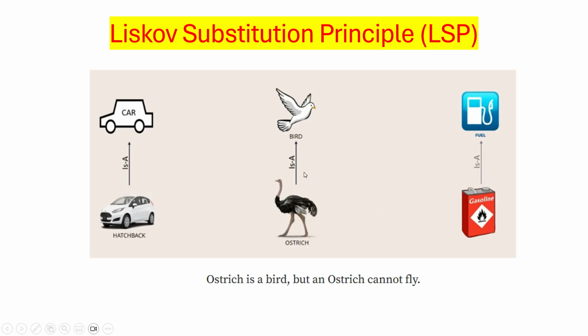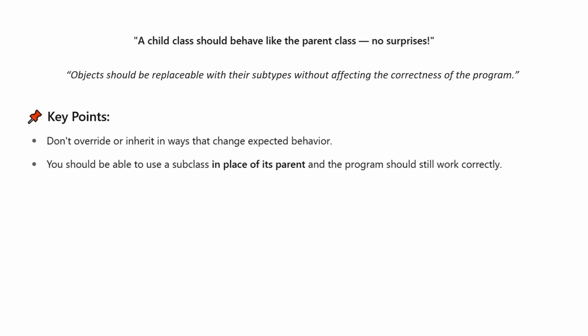Ostrich is a type of bird? No, we cannot make this generalization because ostrich does not fulfill the basic characteristic of a bird. It cannot fly. So, objects should be replaceable with their subtypes without affecting the correctness of a program. But in this case, we cannot replace the objects of bird with that of ostrich because that will affect the correctness of a program, as birds can fly but ostrich does not have that property.